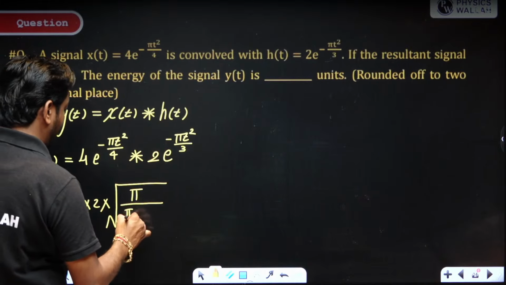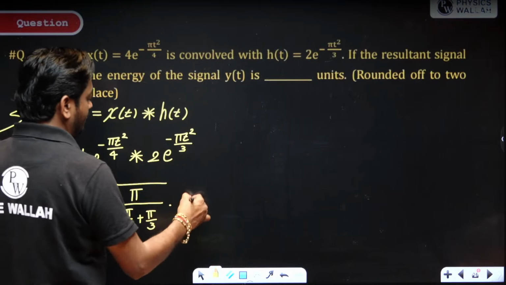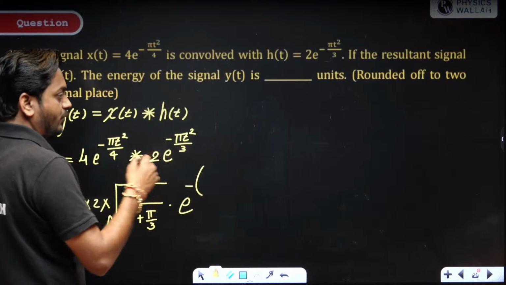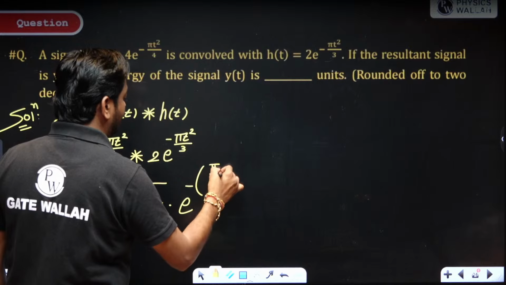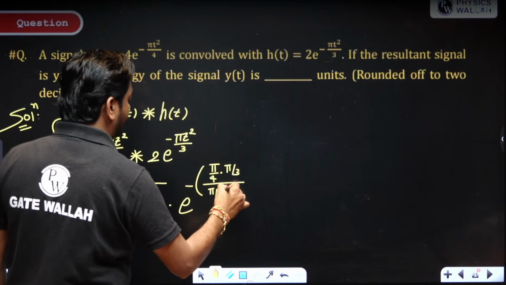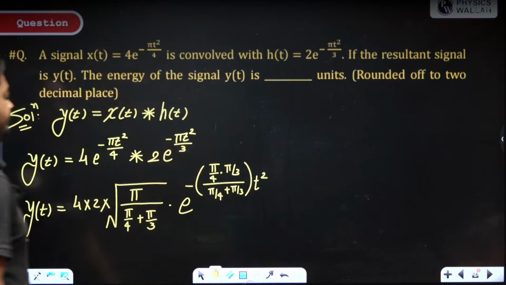So pi by 4 plus pi by 3, into e to the power minus a into b upon a plus b, so a into b: pi by 4 into pi by 3 divided by pi by 4 plus pi by 3, t square.